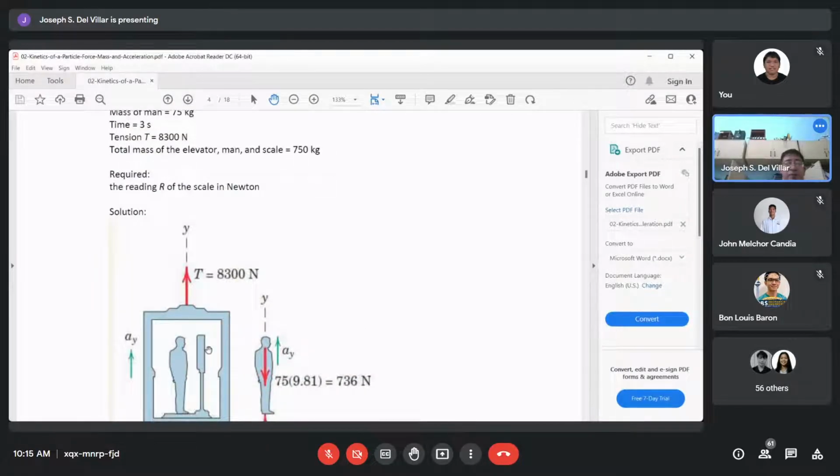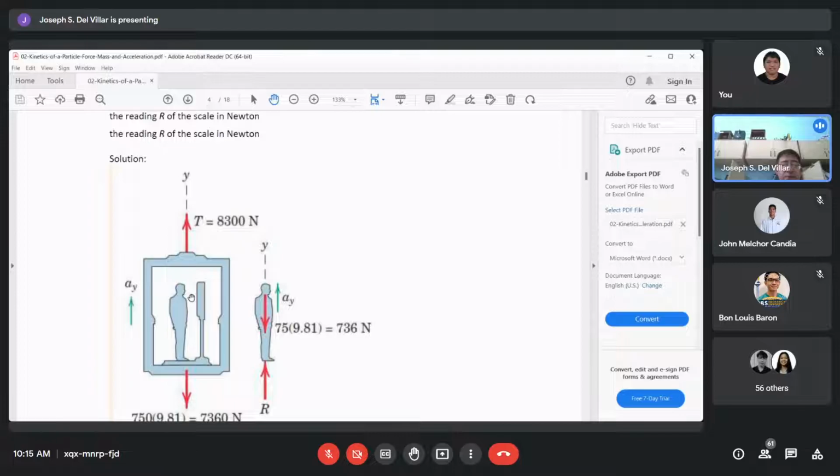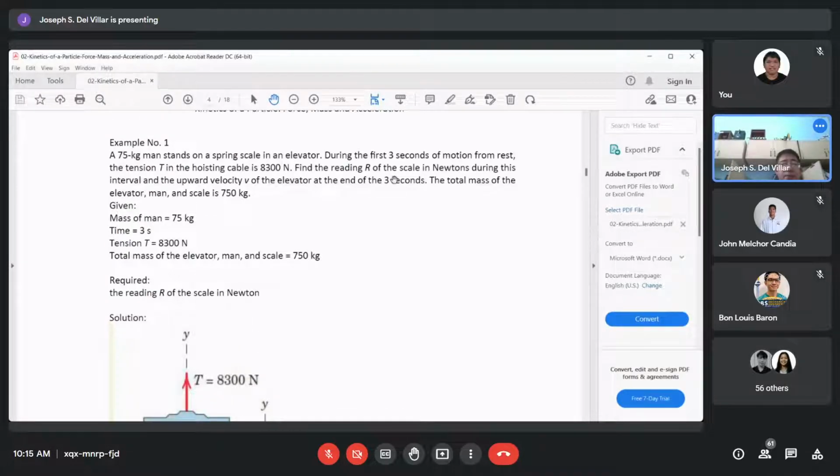Okay, so this red upward arrow represents the tension in the cable. Okay, so the tension is always a pull. Okay, so that is upward, 8,300 newtons. Okay, and the elevator is going upward. So it is accelerating. So a sub y.